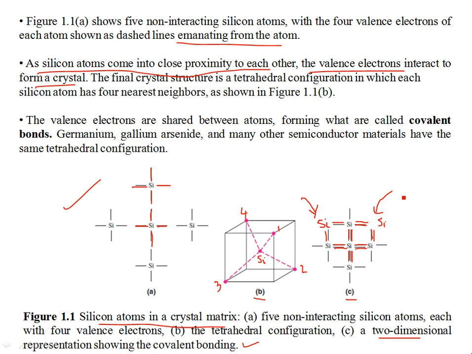The same goes for germanium and other group 4 elemental semiconductor elements. The valence electrons are shared between atoms, forming what are called covalent bonds. Germanium, gallium arsenide, and many other semiconductor materials have the same tetrahedral configuration. Even the compound semiconductors have these tetrahedral geometrical structures.